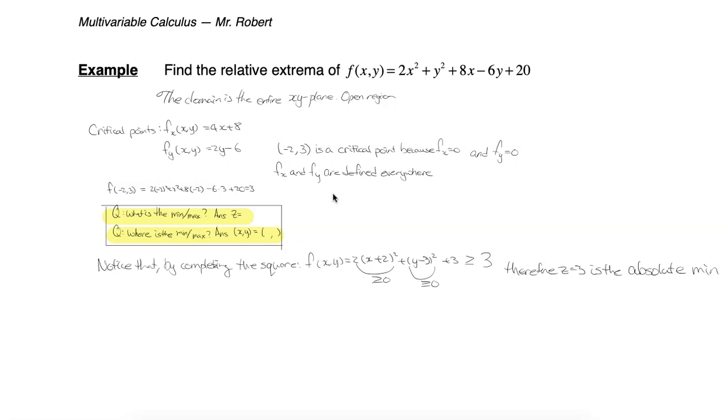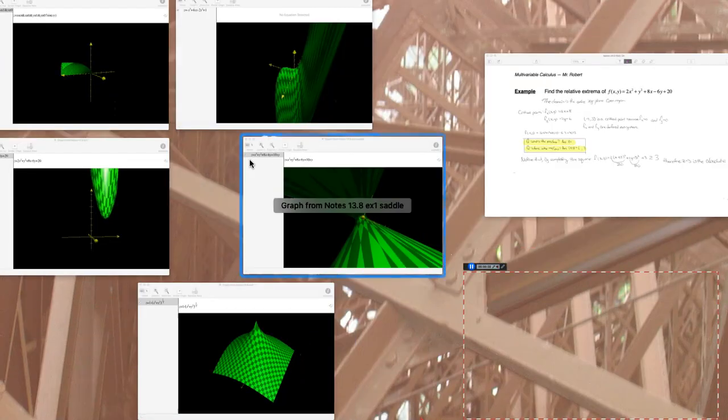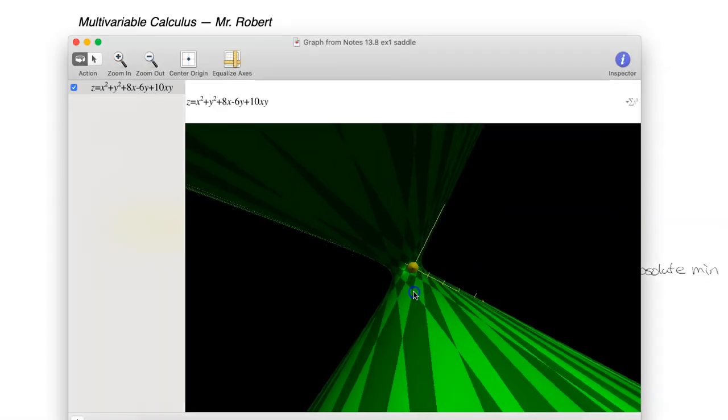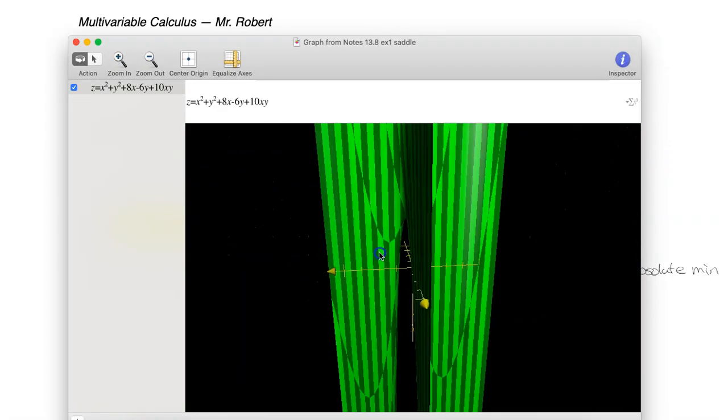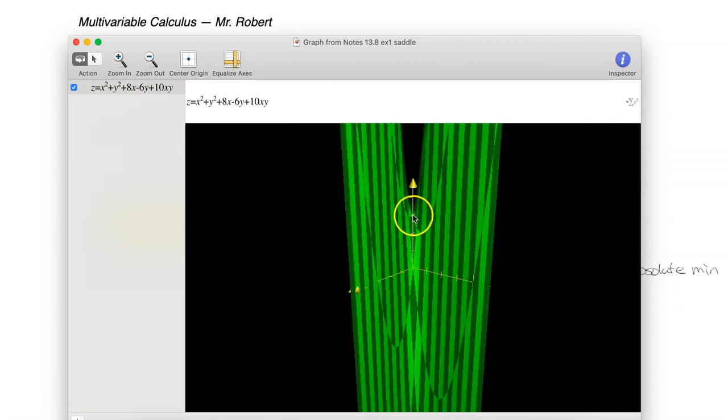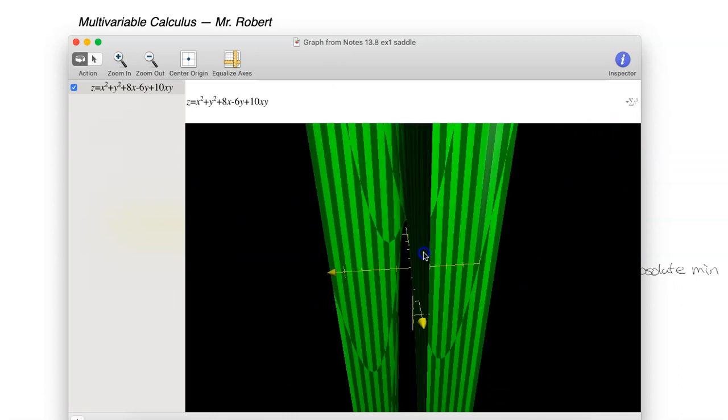For now, let's just note that it is not enough, like in calculus, to say that, oh, f of x changes from negative to positive and f of y changes from negative to positive, therefore it's a minimum. There are cases where the two things I just said are true, and yet it is not a minimum. I can show you an example right here. It's not necessarily easy to see, but like the critical point, which is over there, is a saddle.